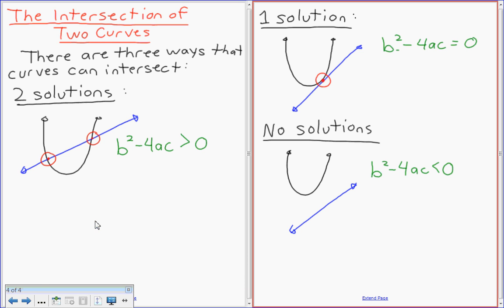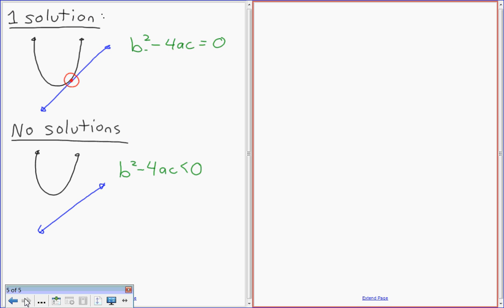Okay, so the way this is going to work algebraically is we're going to be doing substitution, but instead of just doing y equals mx plus b substitution like we did last year, we're going to be doing it with parabolas. Okay, so example 1.